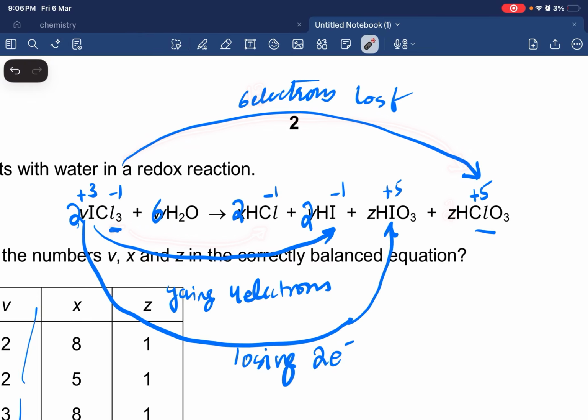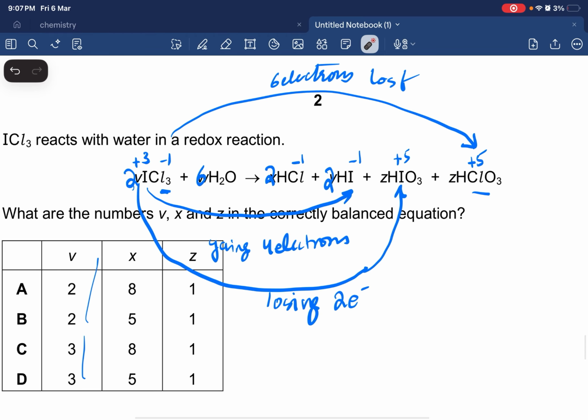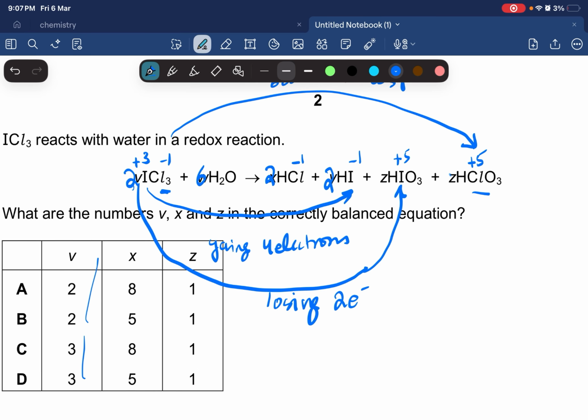If I say that my 2 chlorines are going to lose 6 electrons, that means a total loss of 12 electrons. And 12, 13, 14, Z is going to be 1. So I don't need to change this. This is going to be 1.